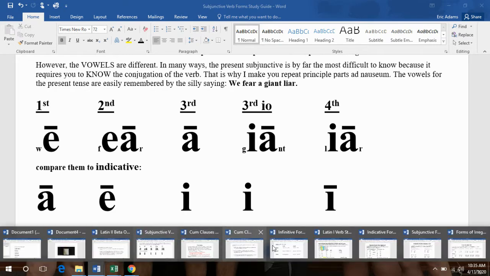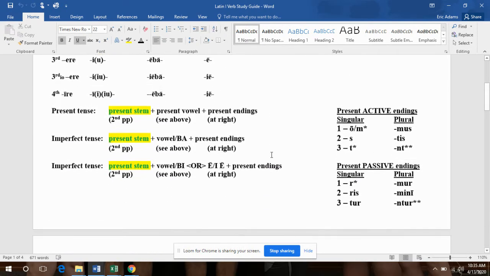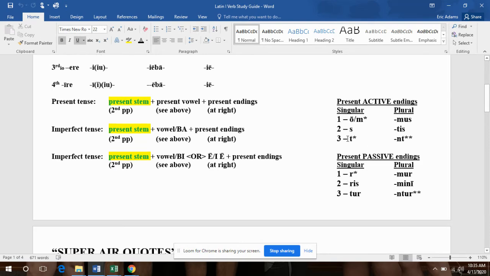Now, if we quickly look back at the indicative, there they are, you can see that your present vowels, as I've written them on the board a million times, would be a, e, i, and long i. And of course, we all know that there are certain endings, as you can see over here, the o, m, nt, r, and ntur.